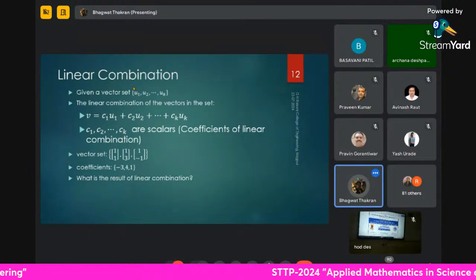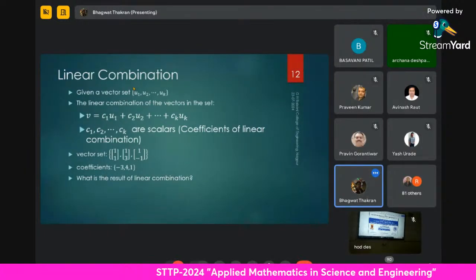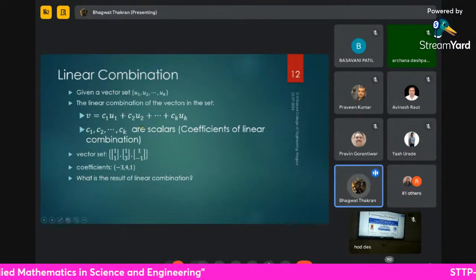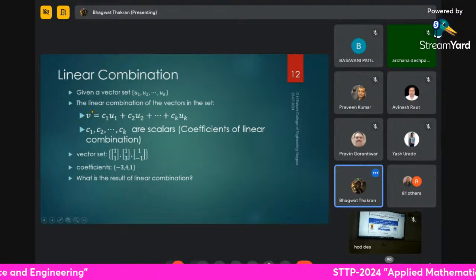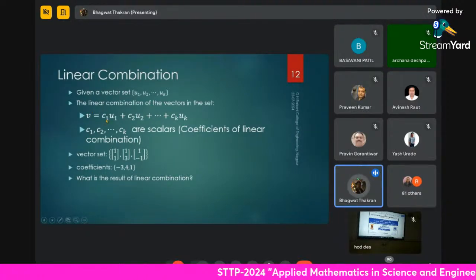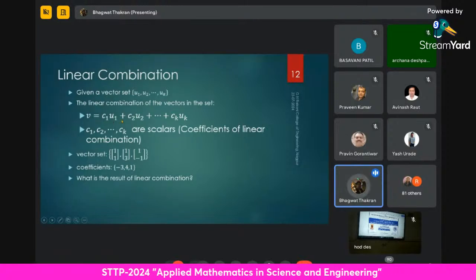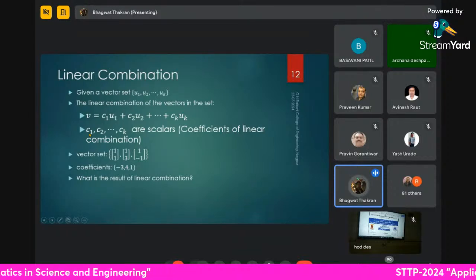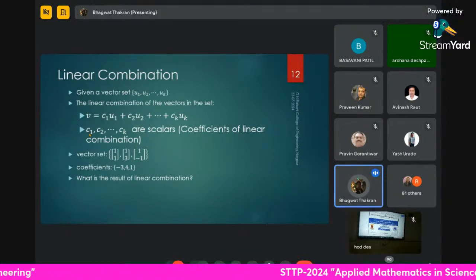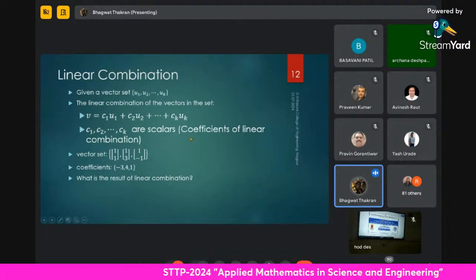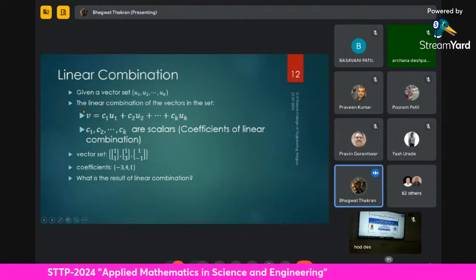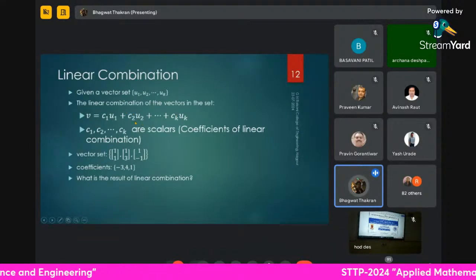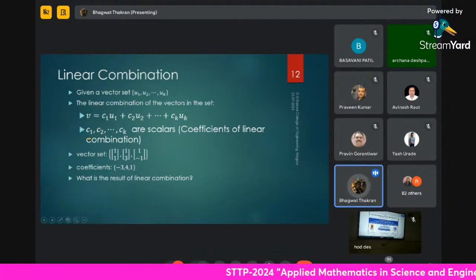Whenever we consider a vector set having finite vectors, there exists a vector v which can be represented in this form: c1u1 plus c2u2 and so on, the sum of all these vectors along with scalars. The number of vectors defines the number of scalars c1, c2, up to ck. This is what we call a linear combination, the combination of scalars and vectors.